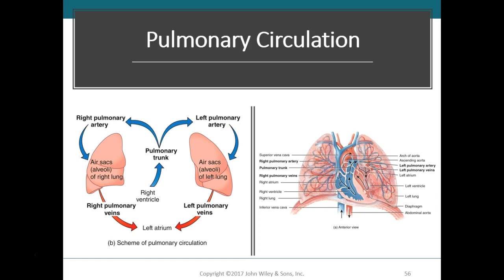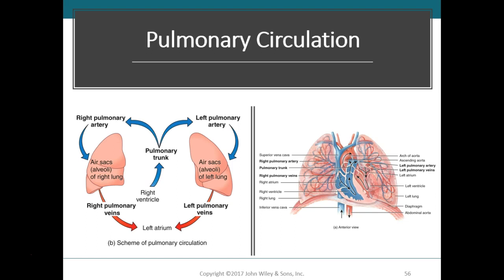The pulmonary veins are going to bring oxygenated blood back into the left atrium. Then that left atrium sends that oxygenated blood down to the left ventricle. The left ventricle contracts, and blood goes out into the aorta and out to the body. So after birth, just like the pulmonary arteries were the only arteries carrying deoxygenated blood, the pulmonary veins are the only veins that carry oxygenated blood.